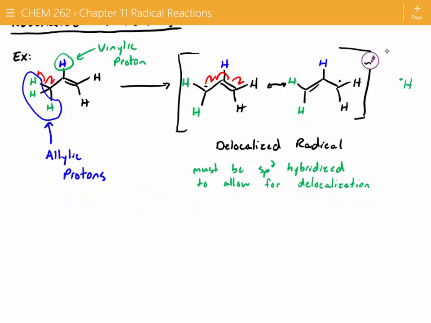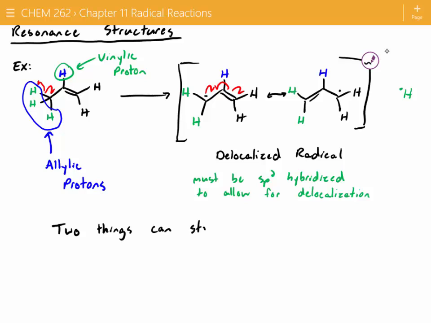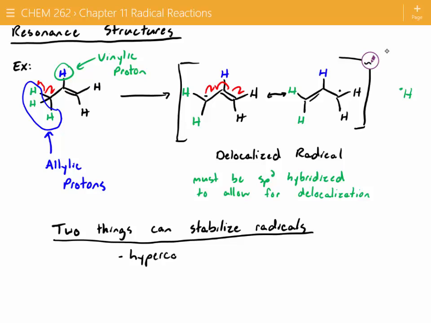There are two things that can stabilize radicals. The first is hyperconjugation, so how substituted the carbon is. And the next one is resonance delocalization.